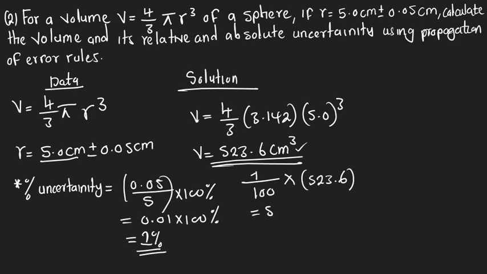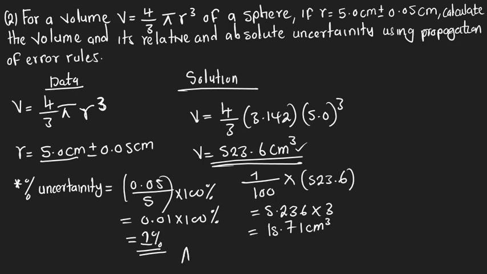You are going to get 5.236. Notice that the radius was feeding a power 3, or the cube, so you're going to multiply this by 3. You're going to get 15.71.